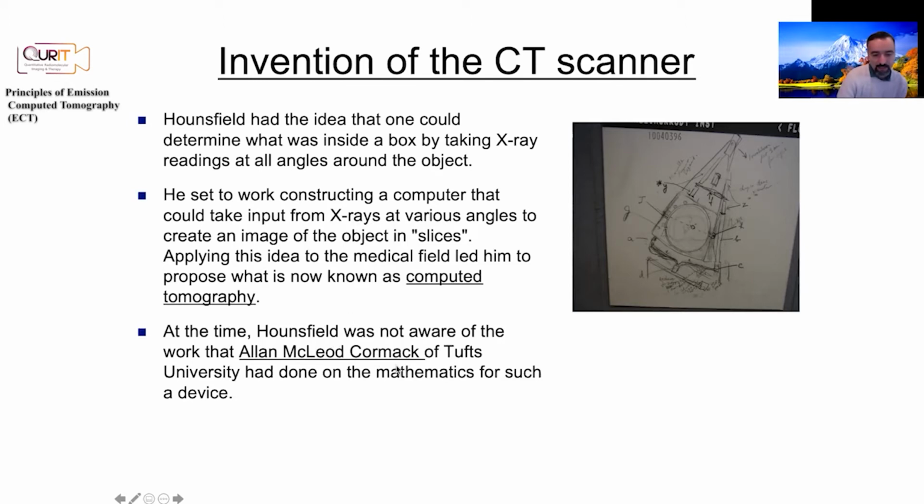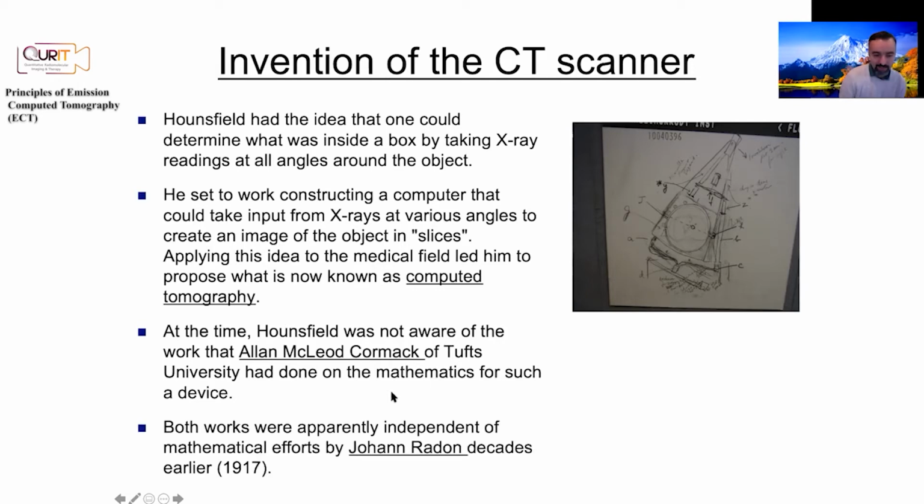And so he was not actually aware of, for example, work by Alan Cormack on the mathematics of such a device. And in fact, both seem to have been unaware of work done decades ago by Johann Radon. Today, when you do a projection, we call this the Radon transform.